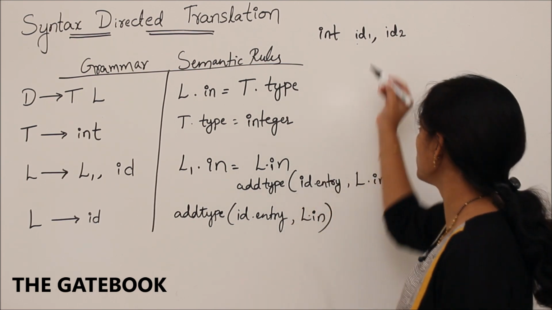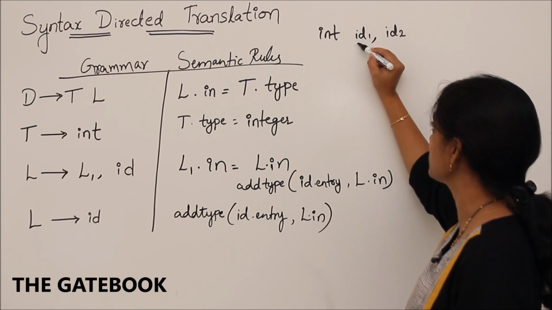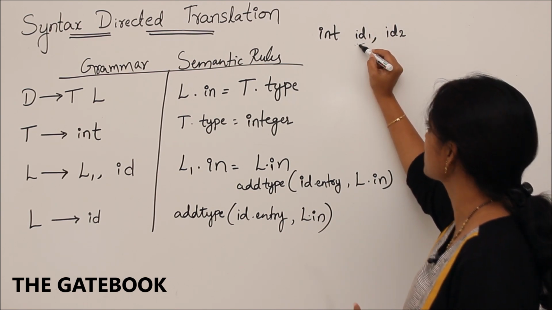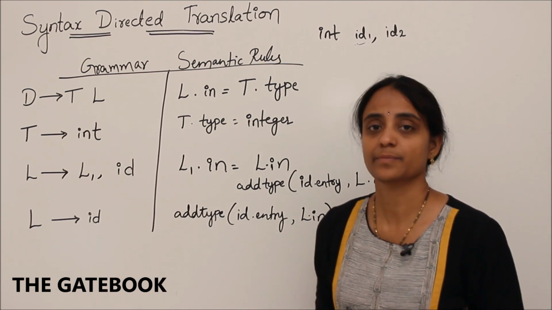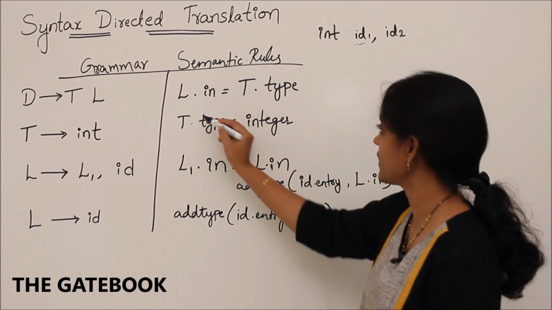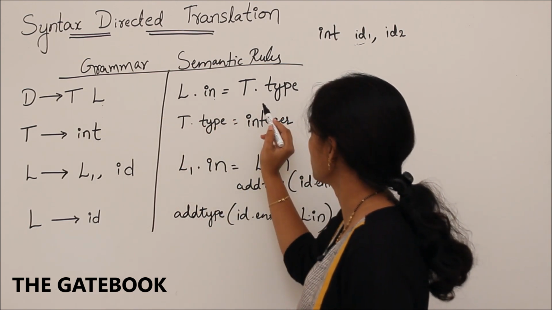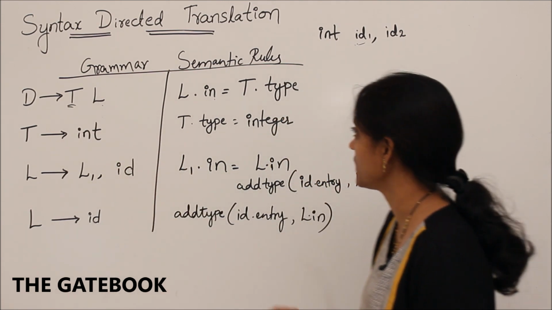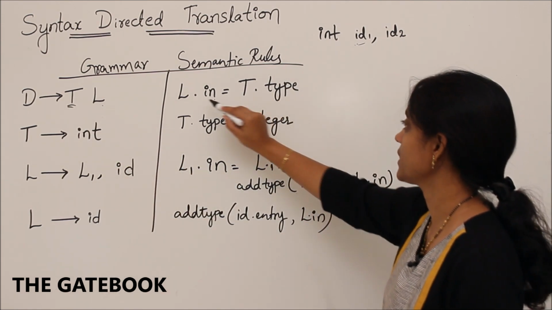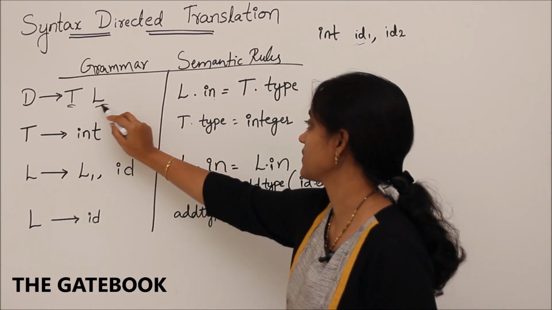So the type attribute of this identifier depends not on its children but on the left side symbol. That is why, to know the type of this, we depend on the left side symbol, that is nothing but T.